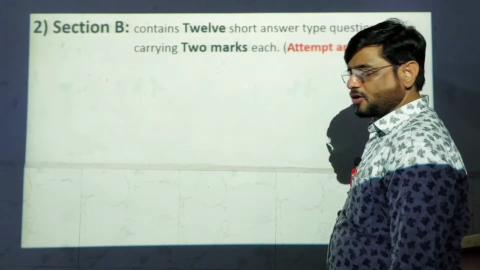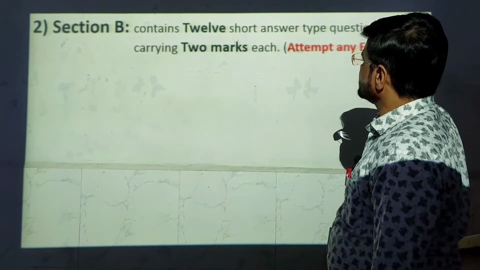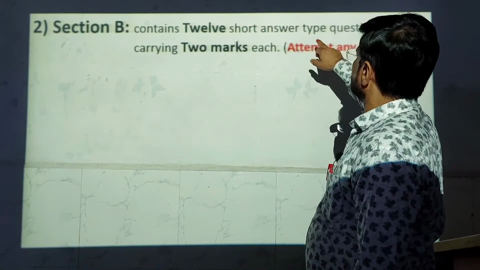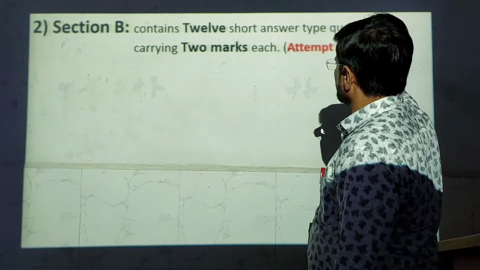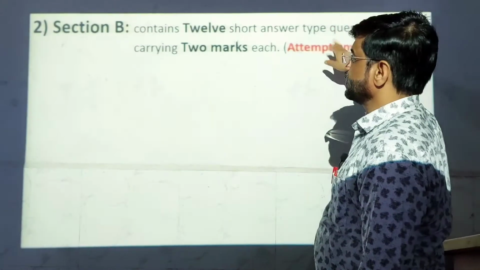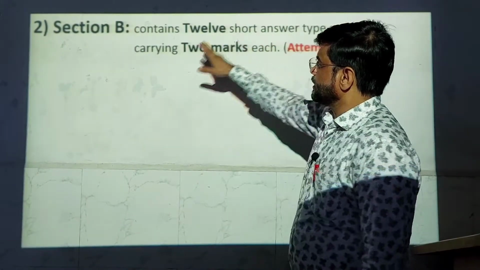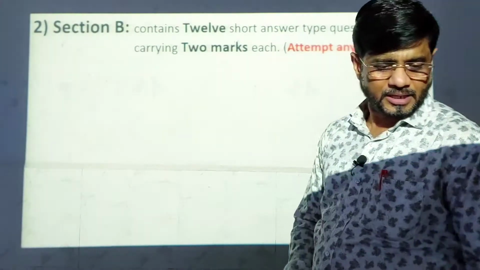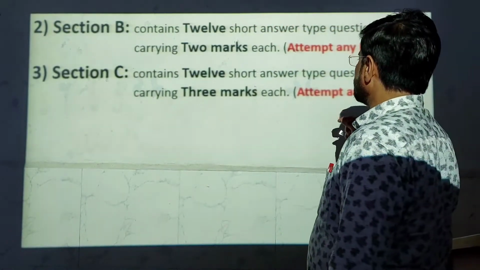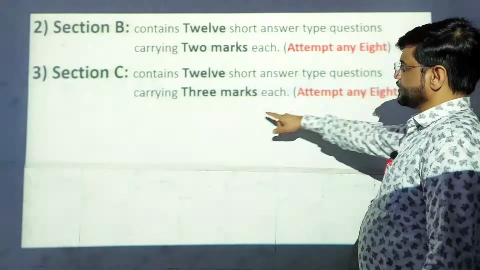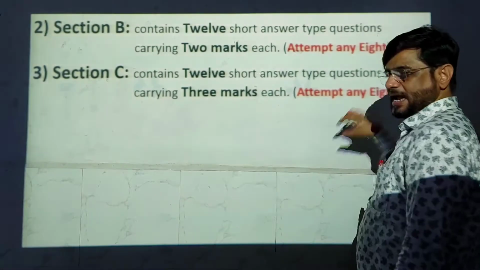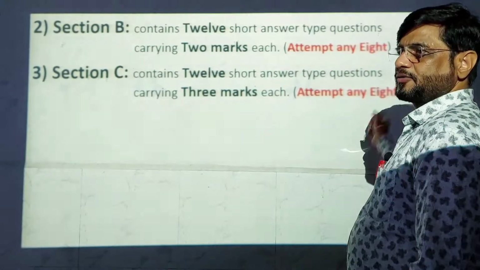So this section has 8 into 2, that is 16 marks, compulsory. It has 12 questions. Now section C contains 12 short answer type questions carrying 3 marks each. You just have to attempt any 8, which means it has 24 marks.